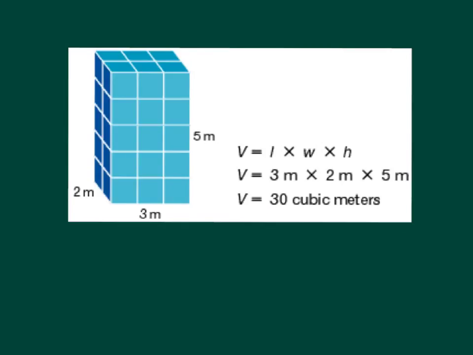And the unit I will use to define the volume of this cube is cubic meters, because I am multiplying three linear dimensions. So I've multiplied the numeric part, 3 times 2 times 5, and I get 30. And I multiply meters times meters times meters to get meter cube or cubic meters.